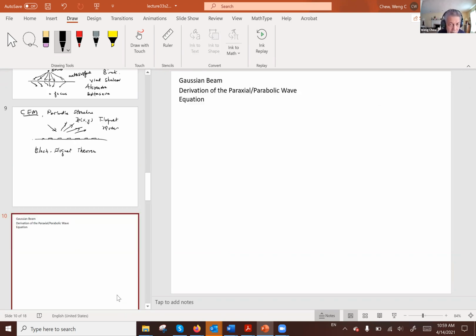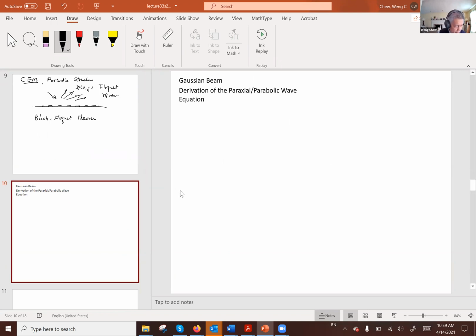If not, let's move on to something more interesting, which is Gaussian beams and the derivation of the paraxial wave equation or the parabolic wave equation. Okay. You have seen paraxial physics before in your course. That is when you were studying waveguides.